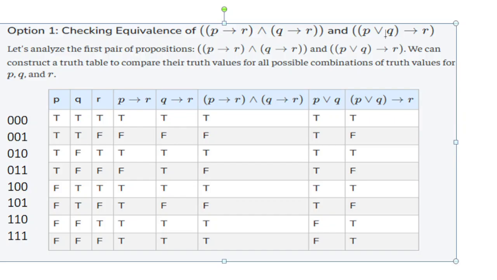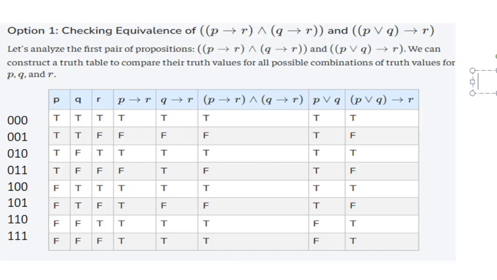I will write here P implies Q, or P implies R. The result of this is 0 when P value is 1 and R value is 0. During that condition only, it will return the false value.